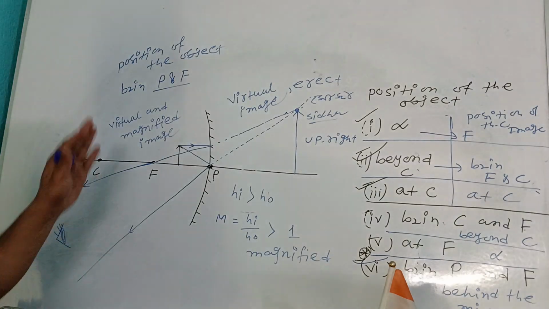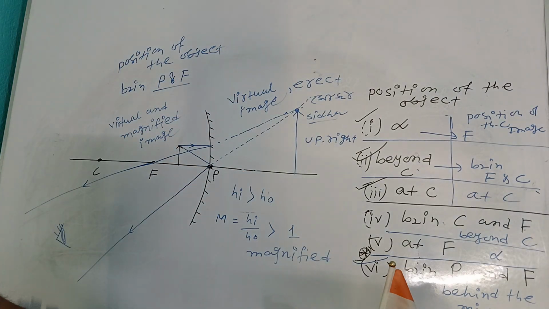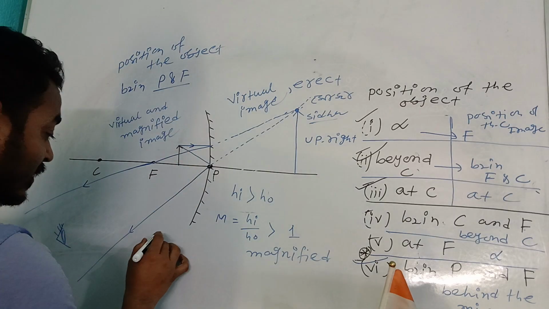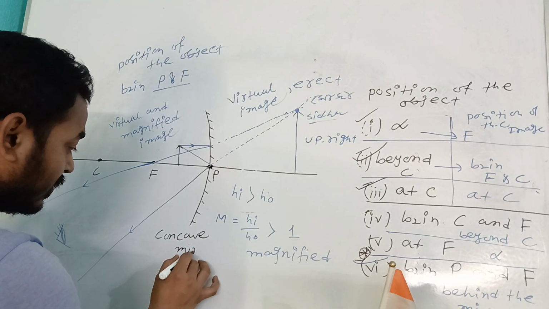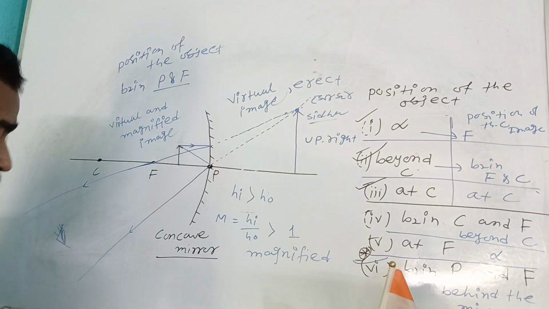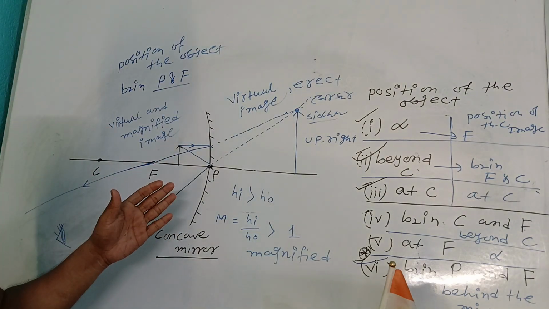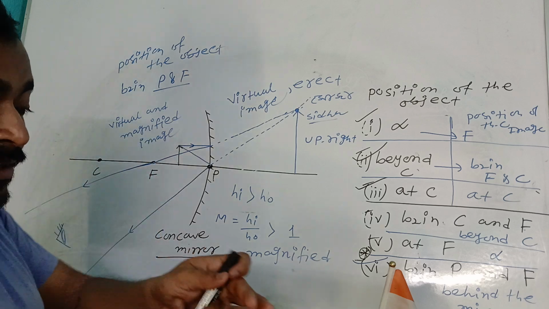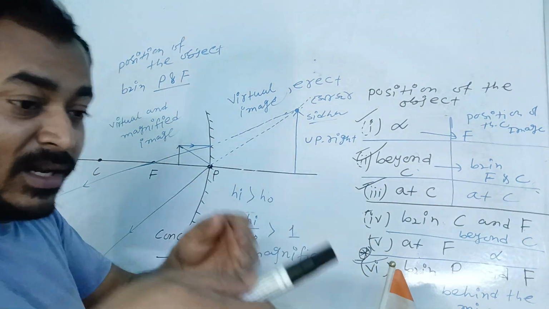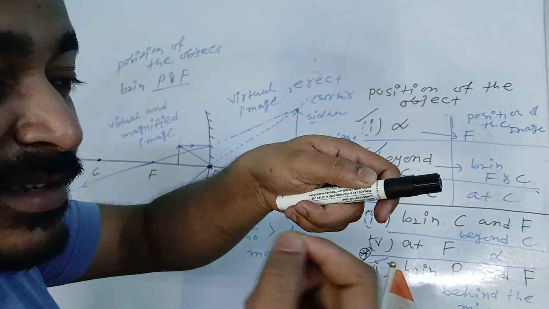Okay, and this is the reason this concave mirror is also called a dentist mirror. Consider this is the mirror, and when the mirror is very close to the teeth, clear?